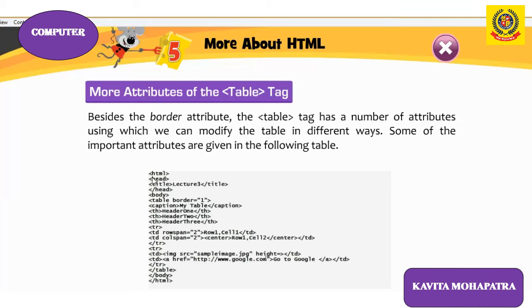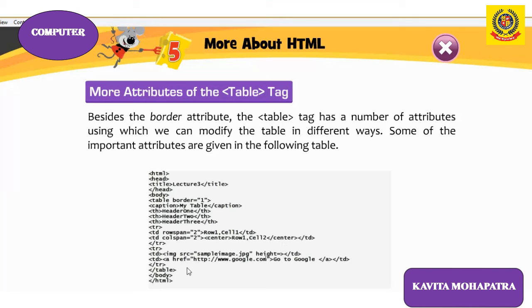HTML, then head, title, lecture 3, title close, head close, body, table border equal to 1, caption, my table, caption close. It will display outside the table. Now th header 1, th header 2, th header 3, then tr close, first row close. td rowspan equal to 2, row 1 cell 1, and td colspan equal to 2, and it is center, row 1 cell 2 center.